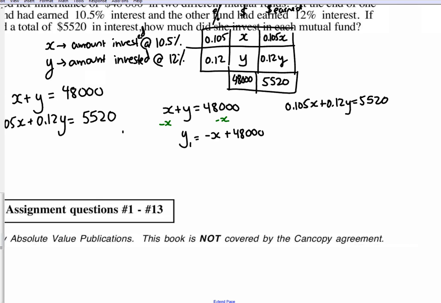y2, we need to rearrange. So again, subtract the 0.105x from both sides. And we're left with 0.12y. Guys, this is ugly. Okay, I hate these decimals. They're not very pretty. And then divide everyone by 0.12.